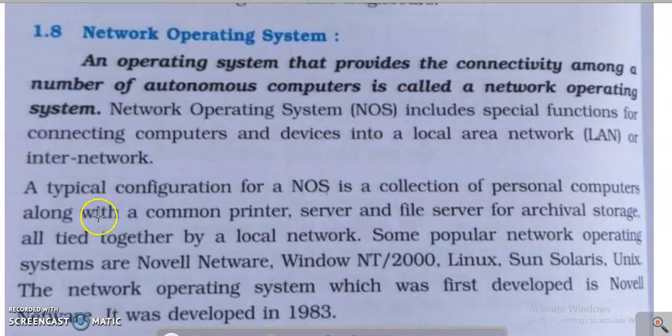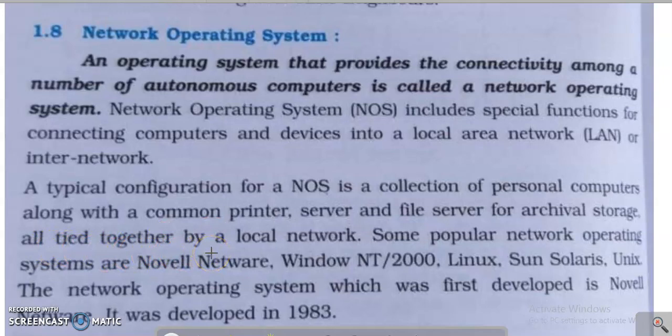So a network operating system includes special functions for connecting computers and devices into a local area network or intranet. A typical configuration for a network operating system is a collection of personal computers along with a common printer, server, and file server for archival storage, all tied together by a local network.